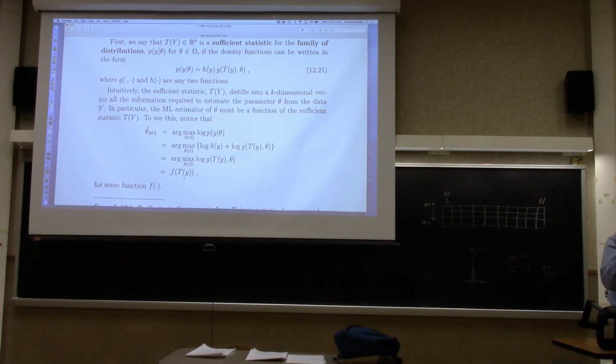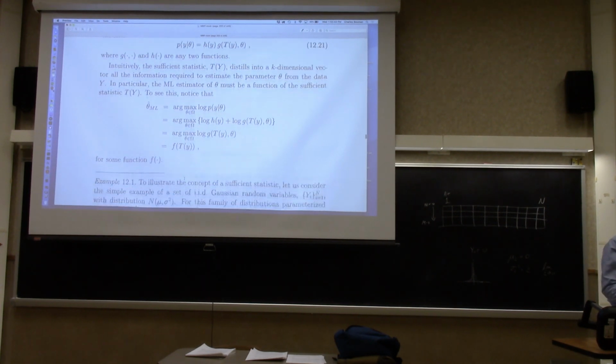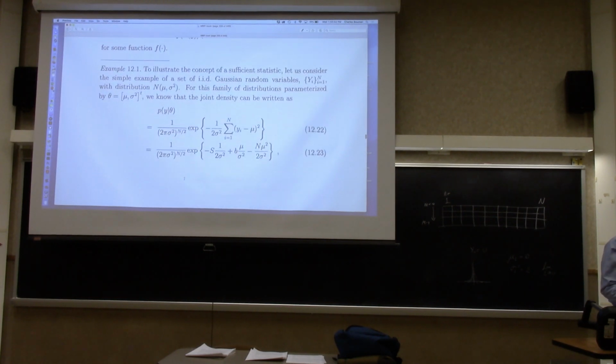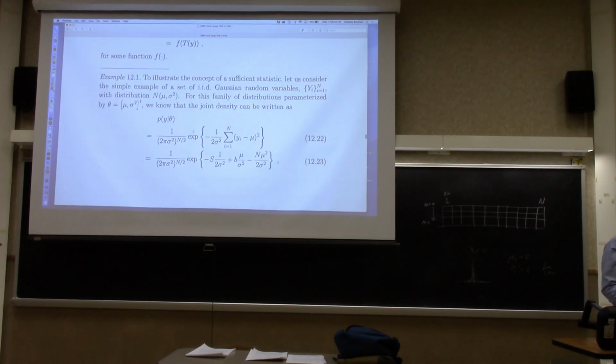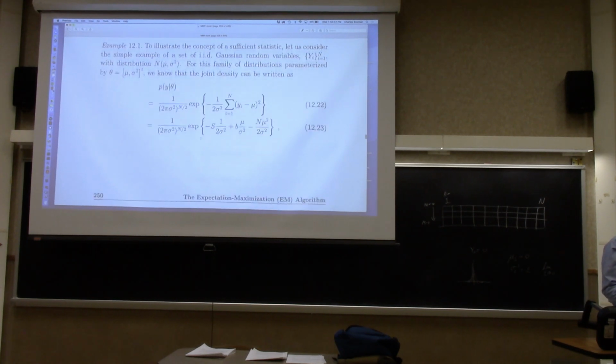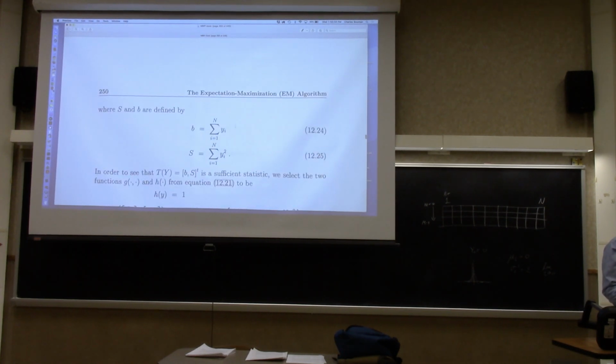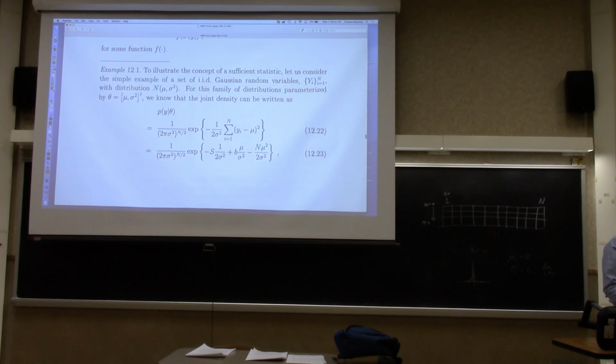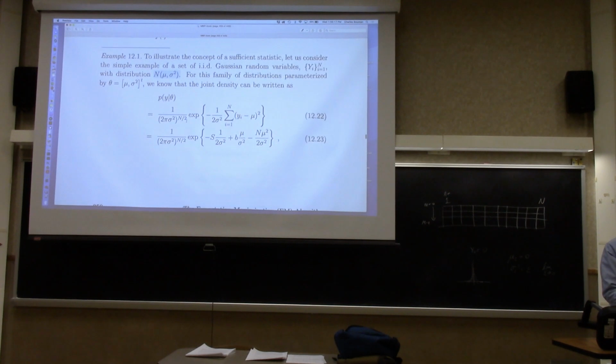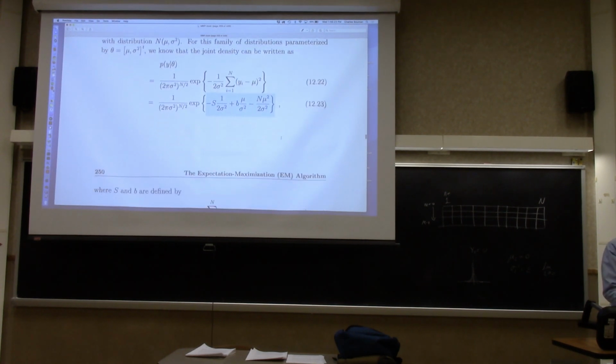To illustrate it, if we define B and S, so we have a bunch of Gaussian random variables, IID, with distribution N(0, sigma squared), then you can write the probability distribution in this form, with some manipulation.